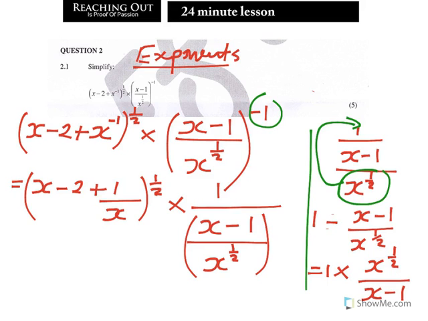As you can see now, the bottom one has gone to the top, and x minus 1 is now the denominator.